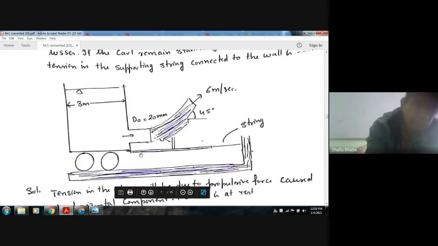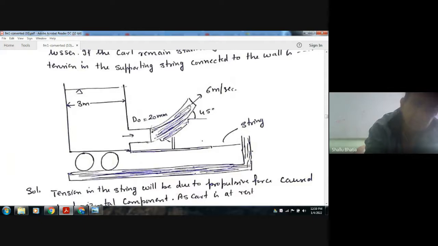So this is your cart and this is the jet of water coming out at 6 meter per second at an angle of 45 degrees. Here the diameter is 20 mm, here is the string with the tension, and when this water comes out, the cart remains stationary.